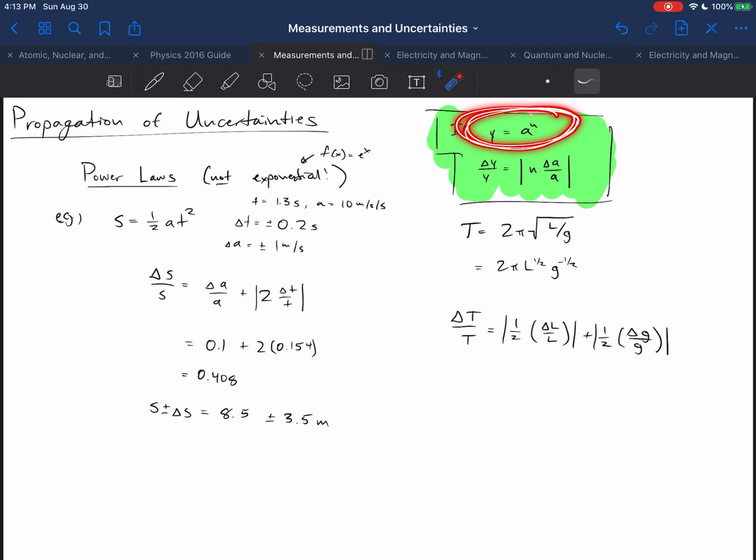This is not an exponential function. An exponential function is a function of the form f of x is equal to e to the x. Notice that the base is a number, in this case e, or any value, and that it is raised to the xth power.